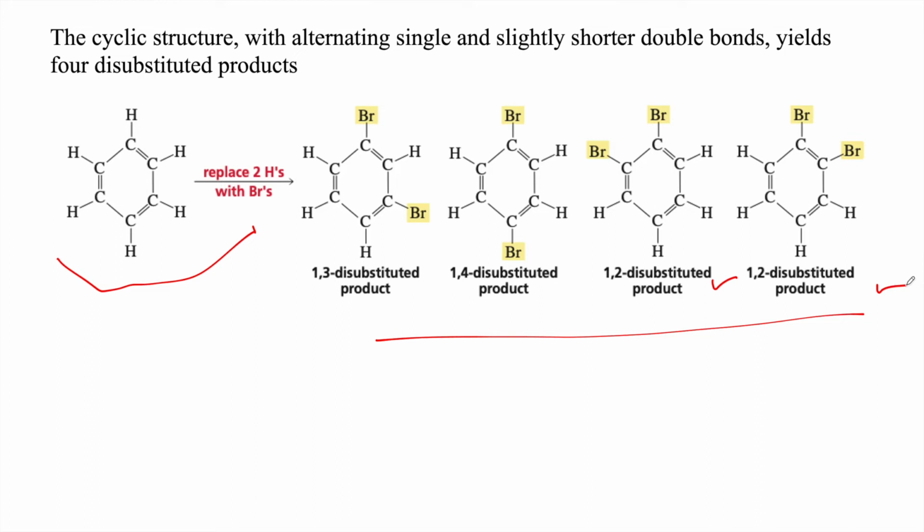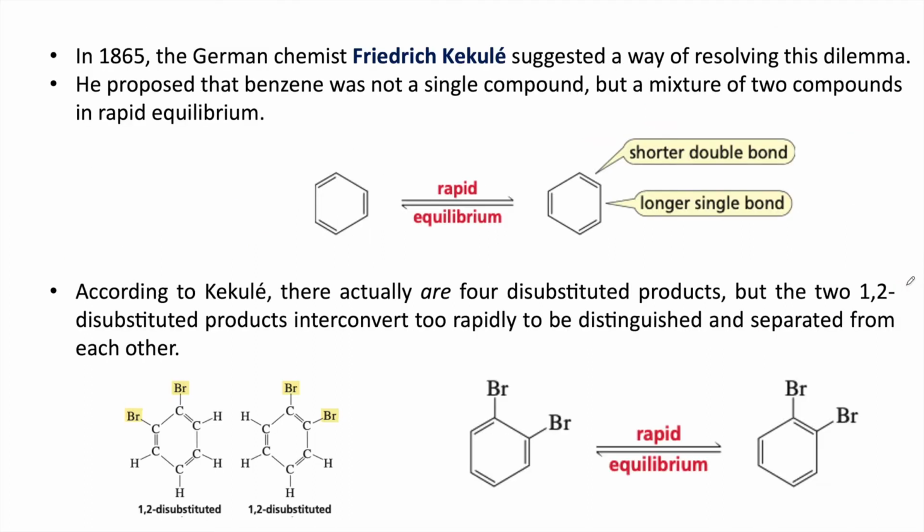Again these people were confused about what the structure of benzene could be. So in 1865 a German chemist, Friedrich Kekulé, suggested a way of resolving this dilemma. He proposed that benzene was not a single compound but a mixture of 2 compounds in rapid equilibrium.